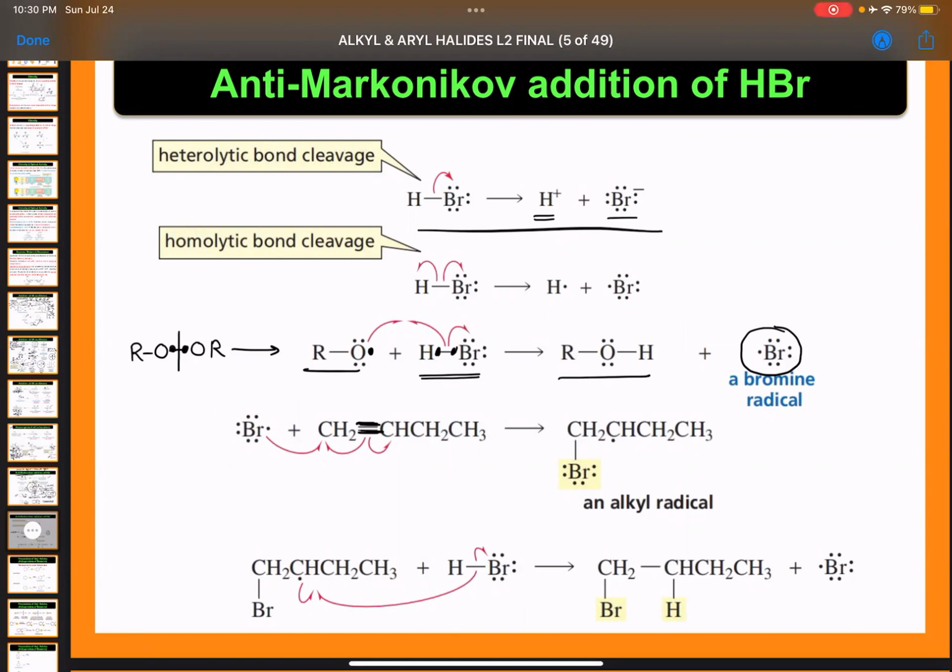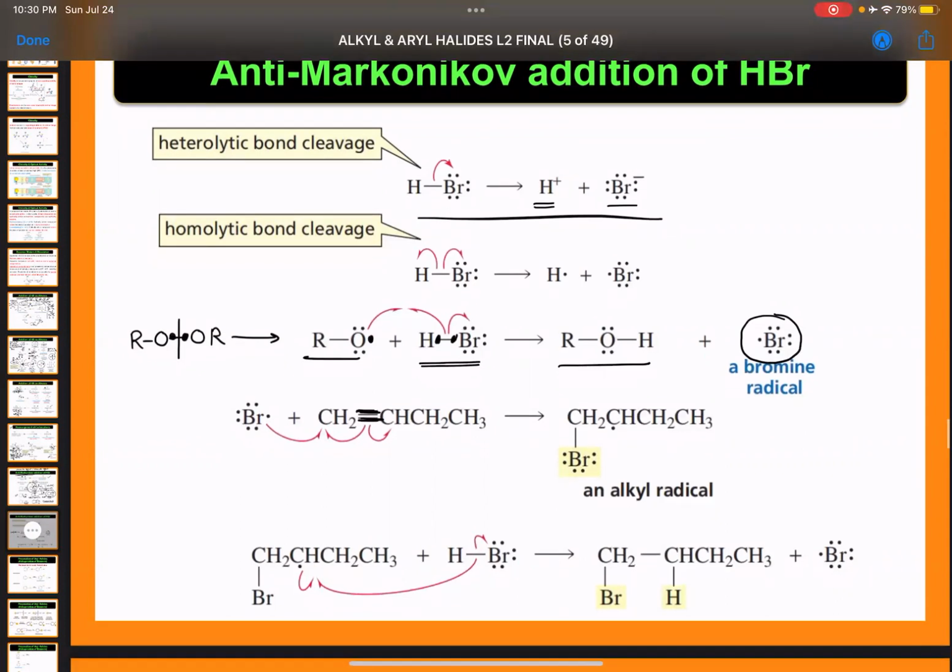The bromine already has one electron with it, so it will join to the double bond. The double bond has 2 sigma, 2 pi. Only the pi bond will break because it is weak. So Br will join with one of its electrons to the carbon atom of the pi bond, and it will join in a way such that a more stable radical is formed.